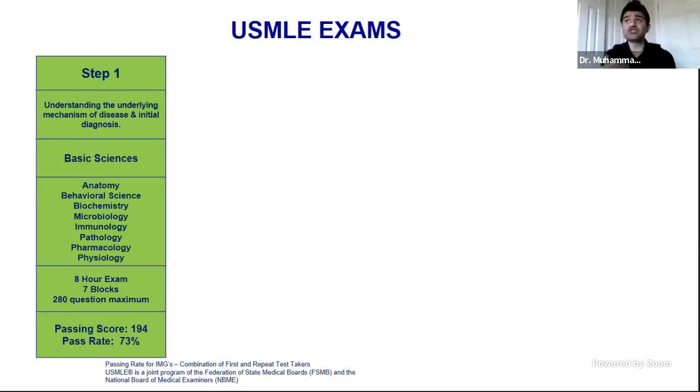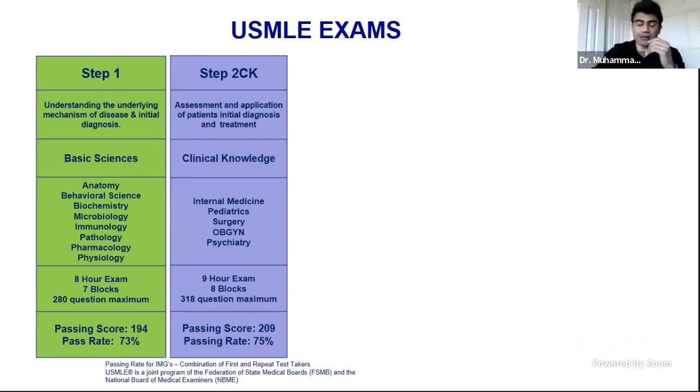Mastery means you need to understand the integration: how my renal system is connected with my cardiovascular system, how my autonomic nervous system is connected with the cardiovascular, renal or endocrine system. I mean to say integration, how biochemistry is connected with microbiology. That type of integration you have to build. Also, the first pass ratio is 73. It's pretty good. Passing is 194, but that's not the goal.